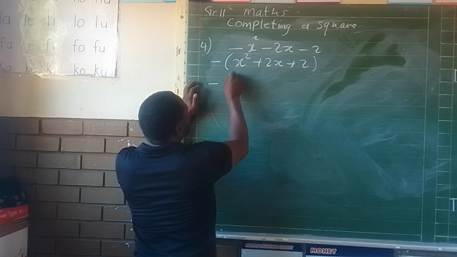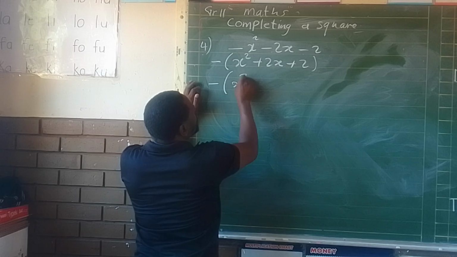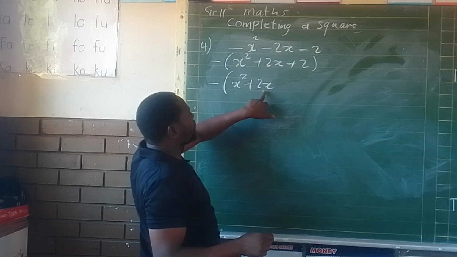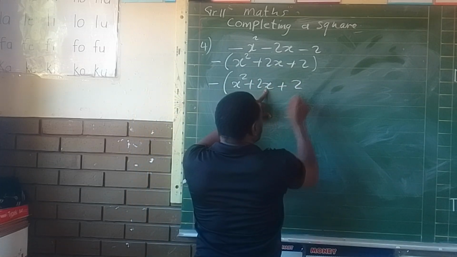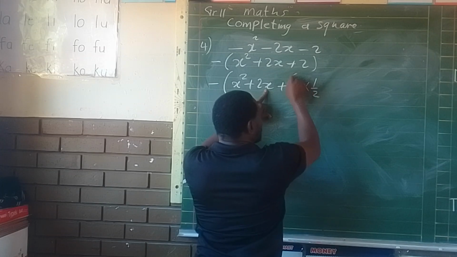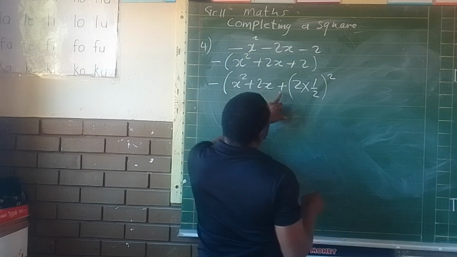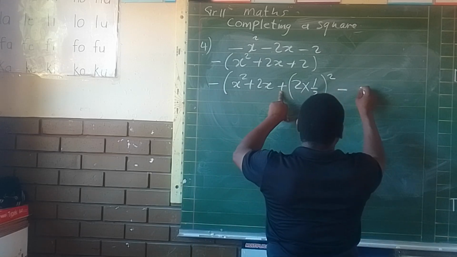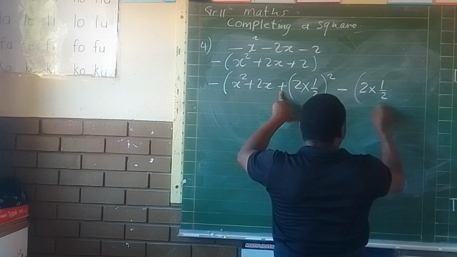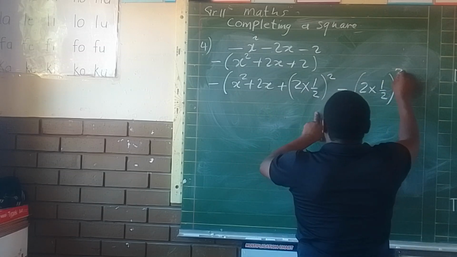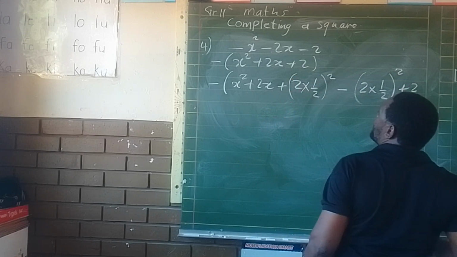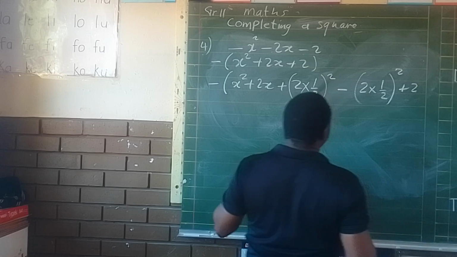Now we continue, minus into, we do what we used to do, plus 2x. Take the coefficient of x, here is the coefficient of x, multiply it by half, then square it. What you do here, subtract it, cancel it, in other words, multiplied by half squared plus 2. Plus 2.